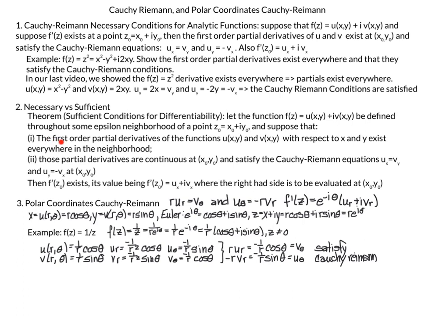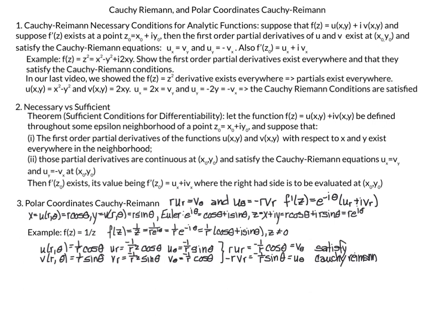Suppose the first order partial derivatives of u and v with respect to x, y exist everywhere in the neighborhood, and those partial derivatives are continuous and they satisfy the Cauchy Riemann equations. Then we know that the derivative exists and we have an analytic function. And we have a formula here for the derivative. We also did examples using this formula.